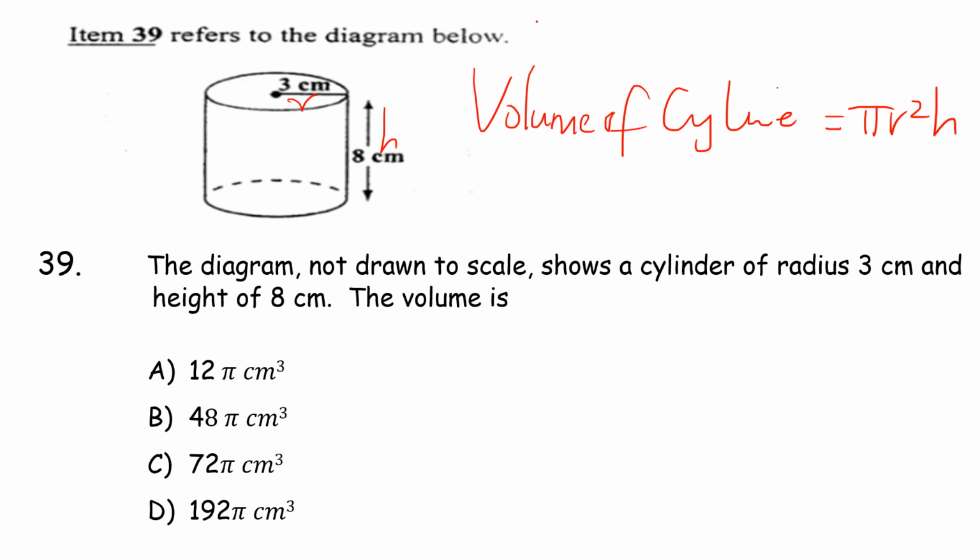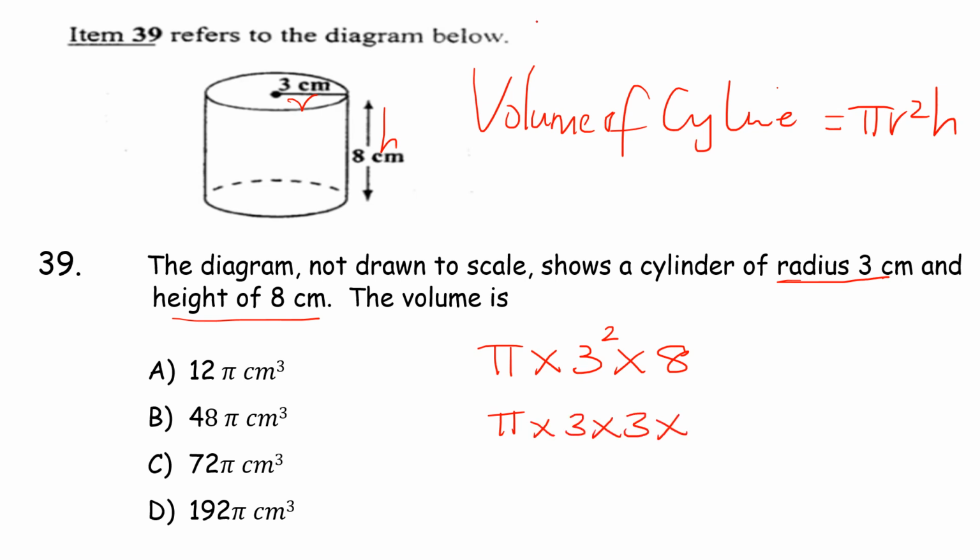So we're going to get pi times, remember r is the radius, 3 centimeters, so that's 3 squared, times the height of 8. So that's pi times 3 times 3 times 8. So that's pi times 9 times 8, pi times 72. So the answer is C.